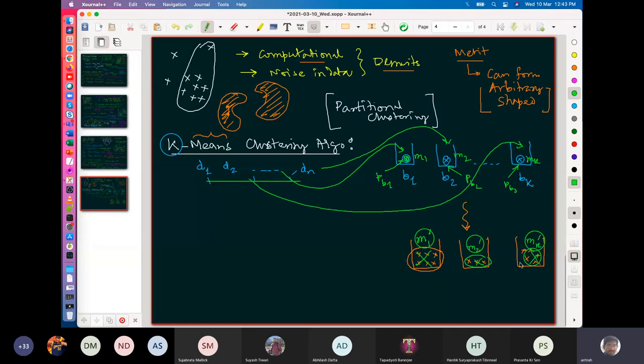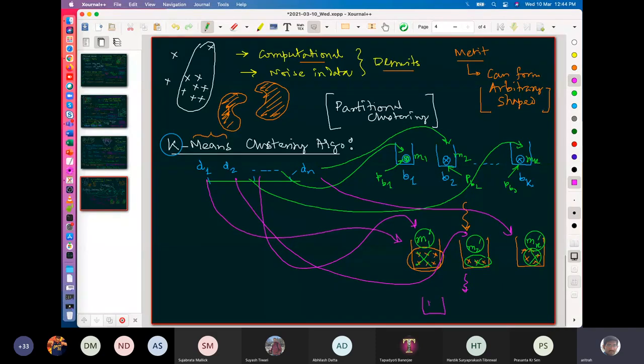So you keep this mean and throw away all the points D1 to Dn, and again do the same exercise: whether D1 is closer to here, D2 closer to here, D3 closer to maybe here, and Dn is closer to here, and go on. Again, you compute the means, m1 double dash, m2 double dash, m3 double dash, and throw away the points.